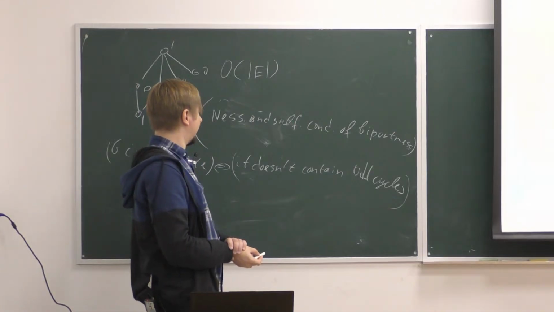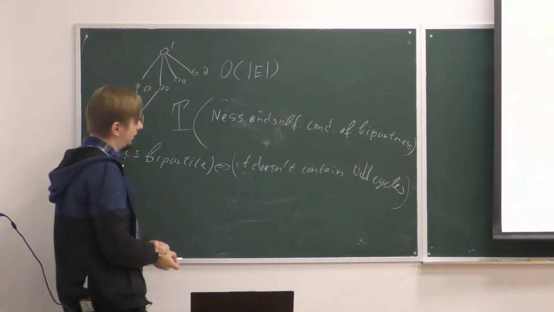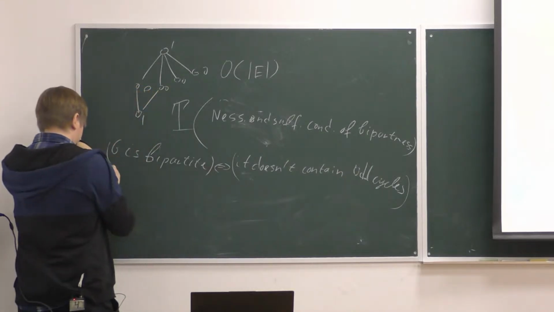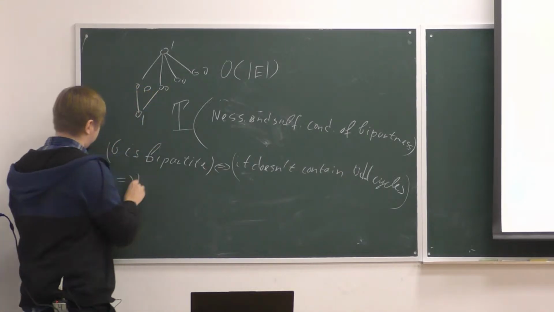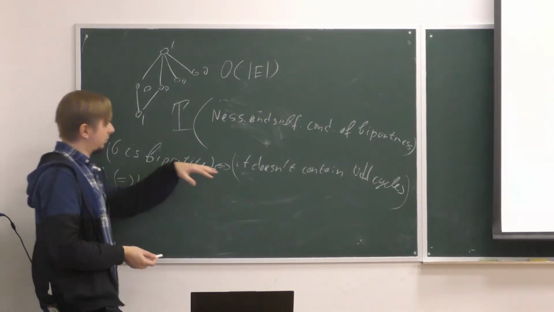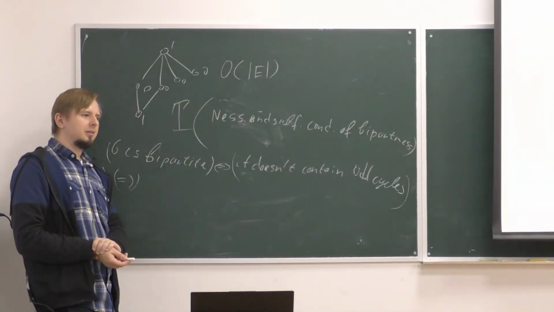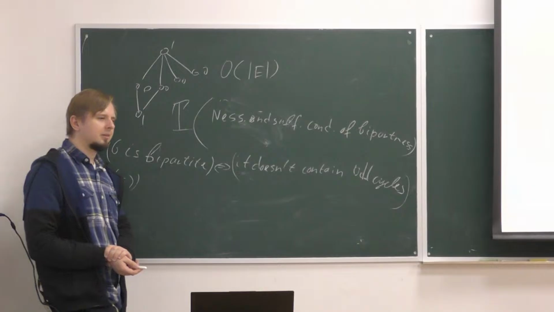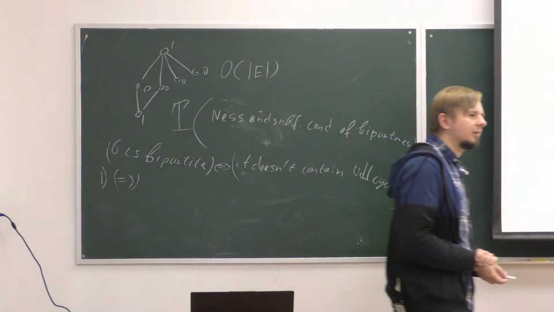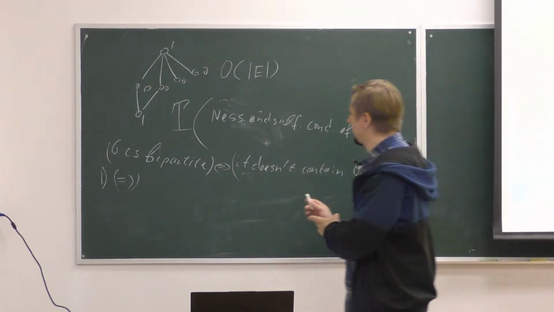Let's do a very quick proof of the theorem. For example, in this direction: if we have a bipartite graph, why does it not contain odd cycles? Very simple.